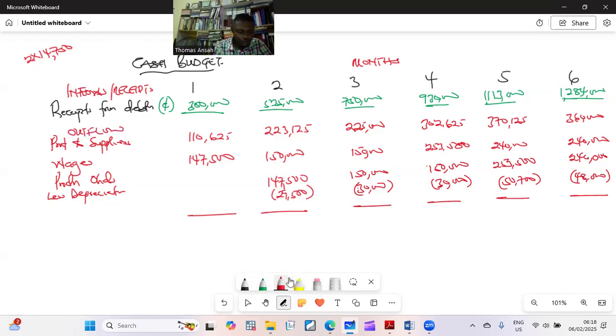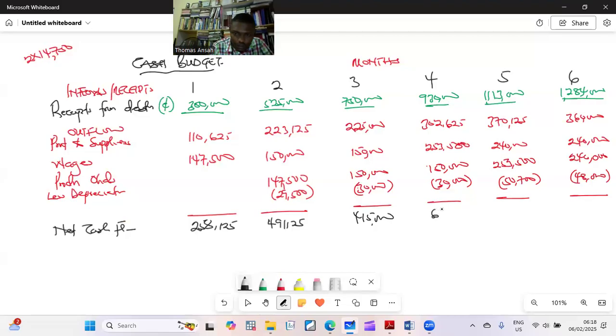So the total, the net, we call it the net cash flow. This side, if you total, you are getting 258,125. This side is 491,125. This side is 415,000.